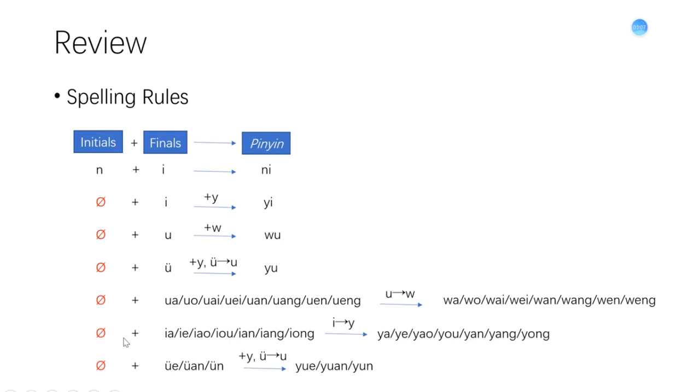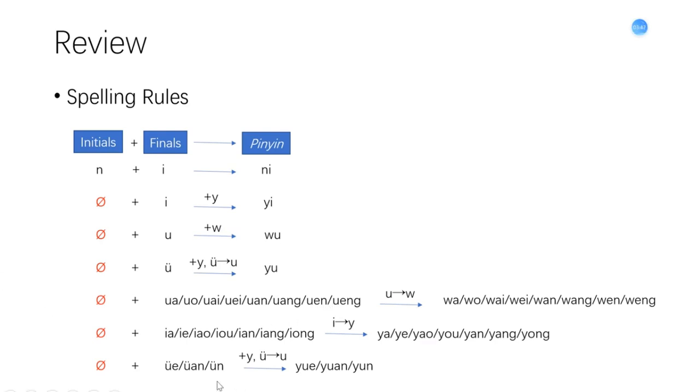If there's no initial plus a final beginning with E, like ya, ye, yao, etc., then when writing, we change the letter I into Y. So we write in this way: ya, ye, yao, etc. But don't forget the letter Y actually represents the letter I. So this Y is not just a writing symbol. This Y actually is the final E.